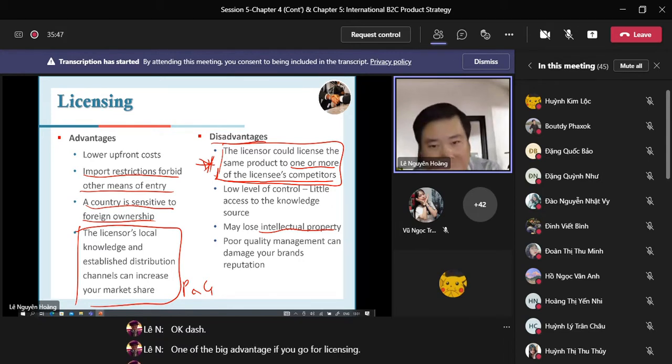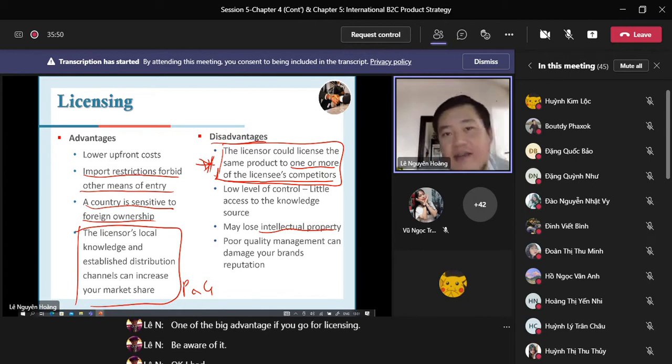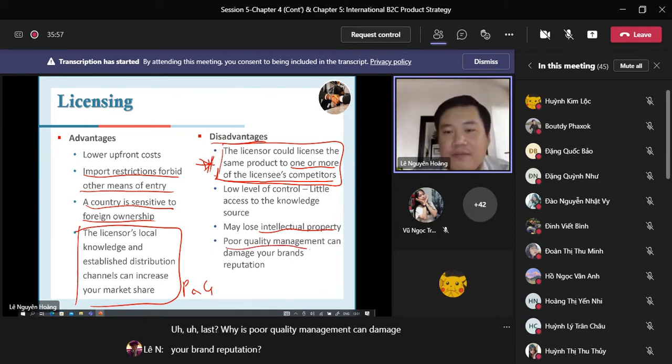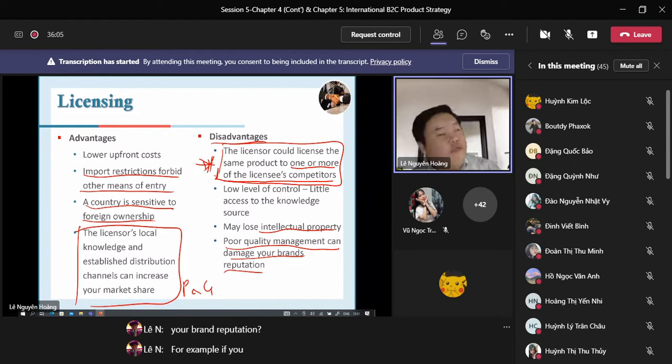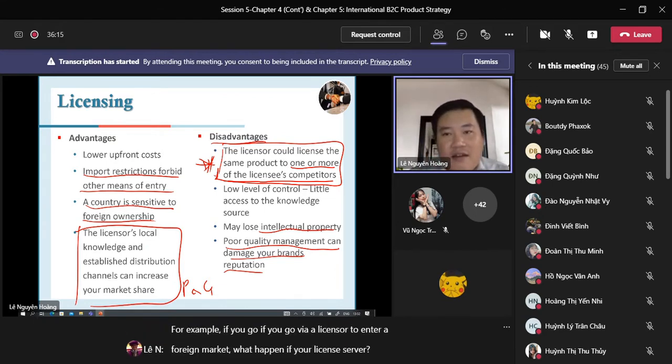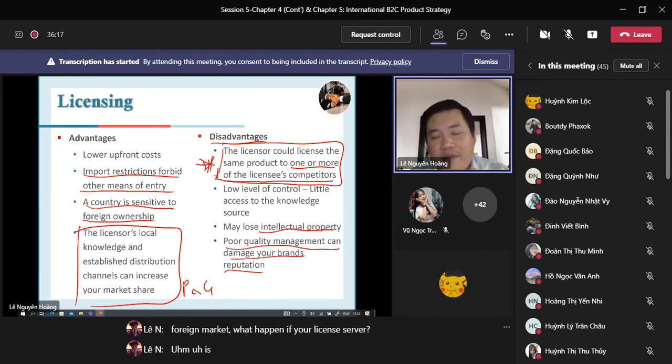Be aware of it. And the last point is that poor quality management can damage your brand reputation. For example, if you go via a licensor to enter a foreign market, what happens if your licensor is not a good licensor?